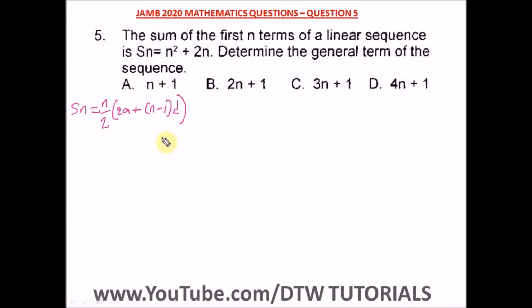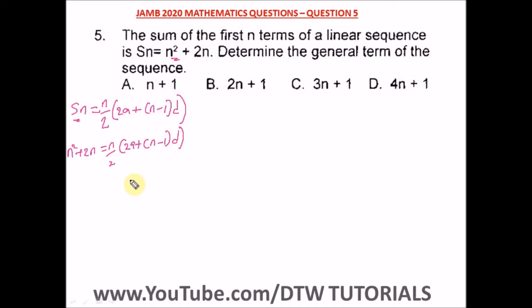From the question we are given that Sn is equal to n squared plus 2n, so we equate that to this. So we have n squared plus 2n equals n over 2 bracket 2a plus bracket n minus 1 bracket close d bracket close.